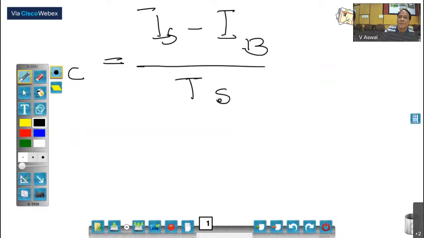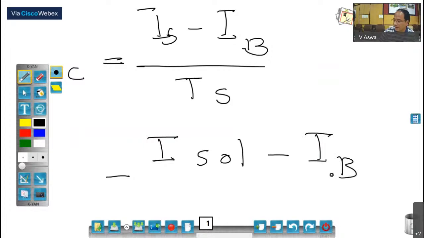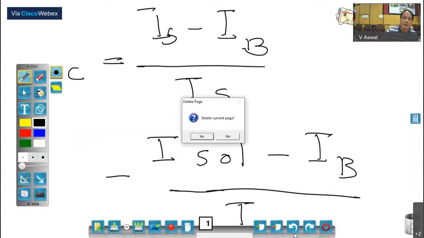So this is one term. Then you will have another term which will get subtracted from this term. That will be the solvent you measure minus again background, divided by the transmission of the solvent. So this will be I C.